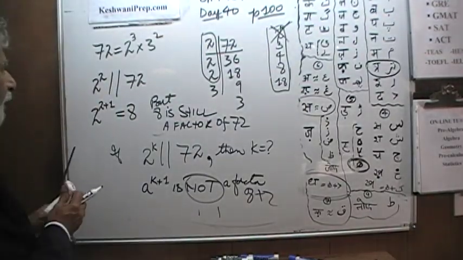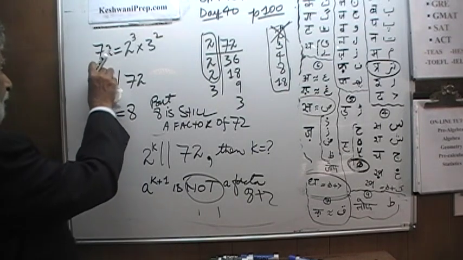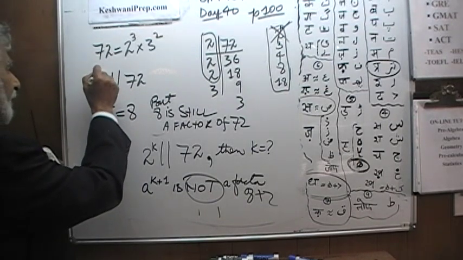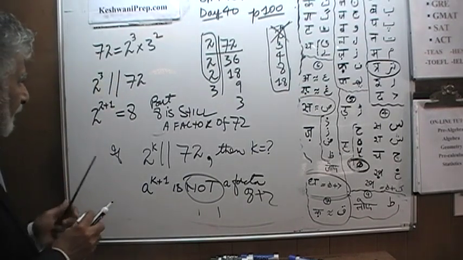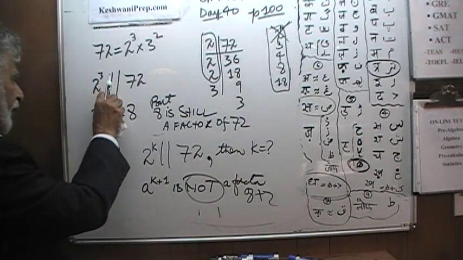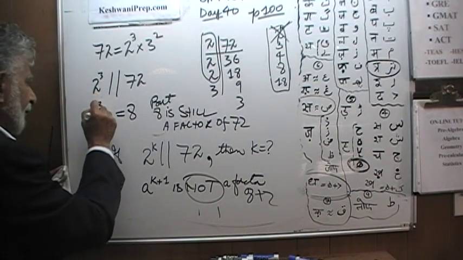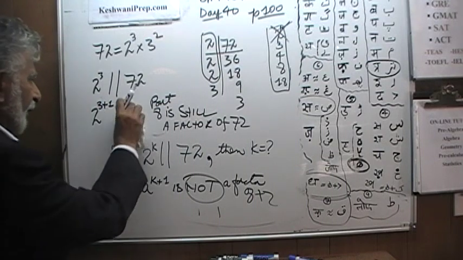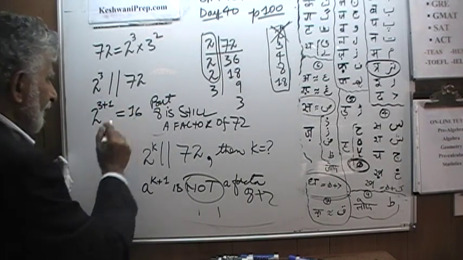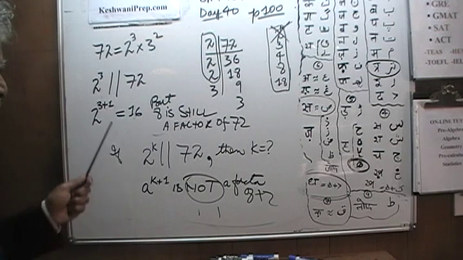Let's see what happens. What if k is equal to 3? If k happens to be 3, then k plus 1 is 4, and 2 raised to 4 is going to give us 16. Does this meet the condition? Let's first see.